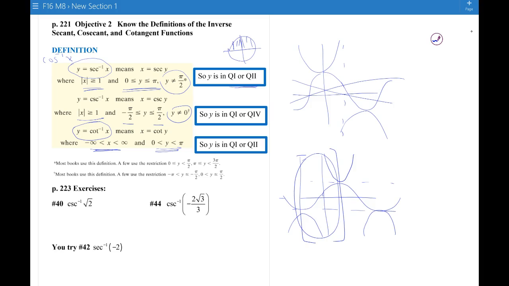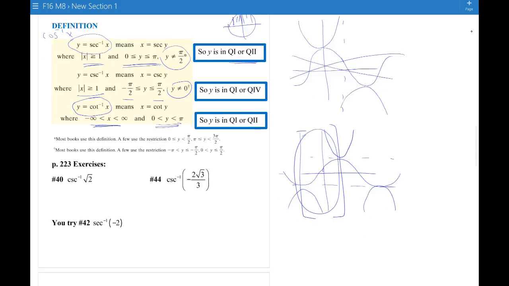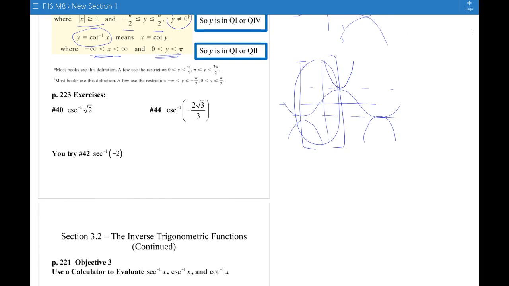Okay, so we're going to talk about what is the cosecant inverse of root 2. And my suggestion is that you think about this by putting an x here. And say, okay, well that means that the cosecant of the cosecant inverse of root 2 equals the cosecant of x. So root 2 equals the cosecant of x. Well, if root 2 equals the cosecant of x, then 1 over root 2 equals, I'm doing the reciprocal of both sides, the reciprocal of cosecant, which is sine x.